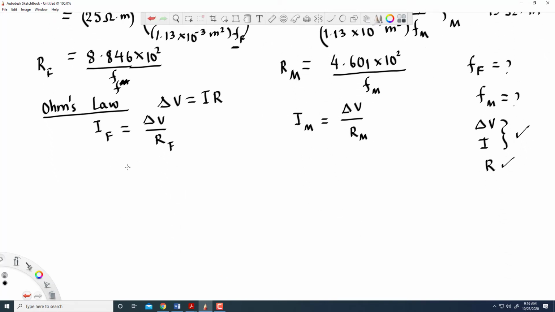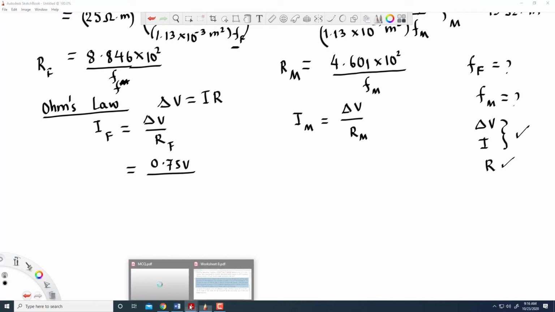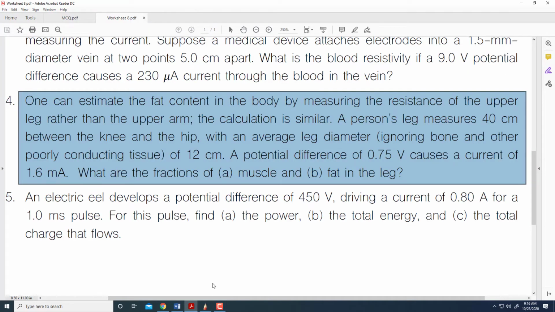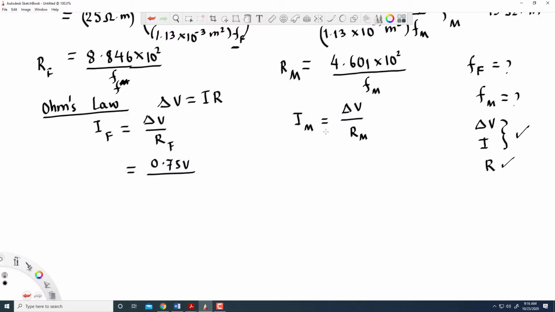Okay, so delta V is, we applied 0.7 volts. Okay, is that what the voltage is? So let's see, 0.7 volts, yes.